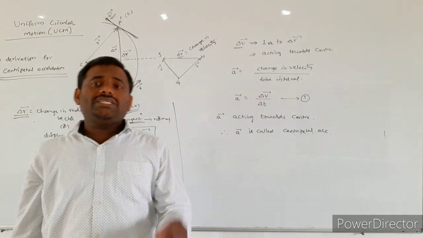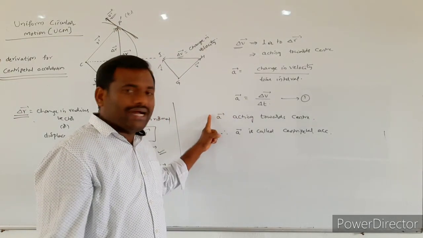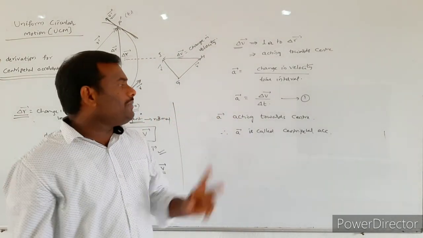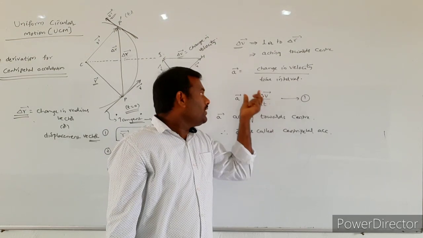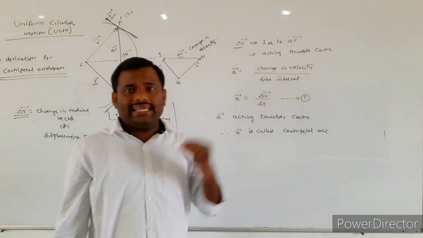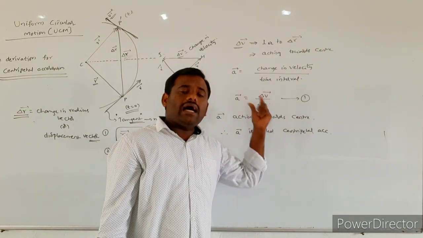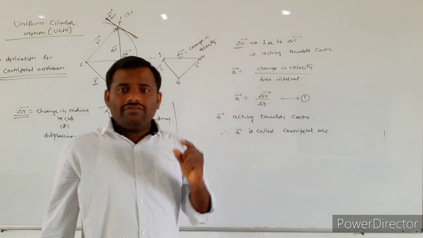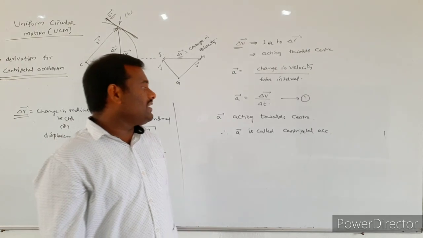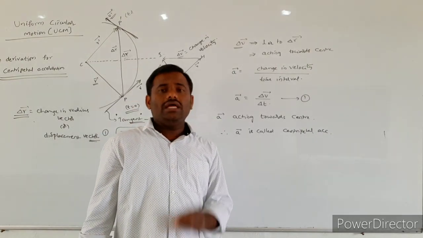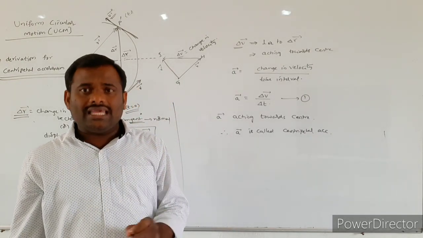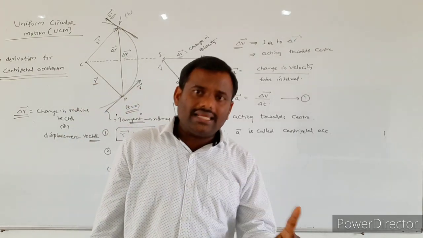The acceleration acquired by the given particle due to the change in velocity of the particle, and which is always acting towards the center, such type of acceleration is nothing but centripetal acceleration.